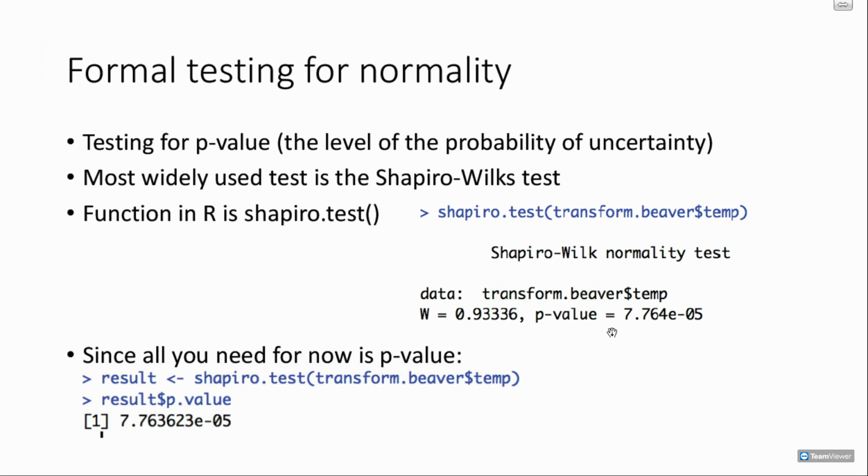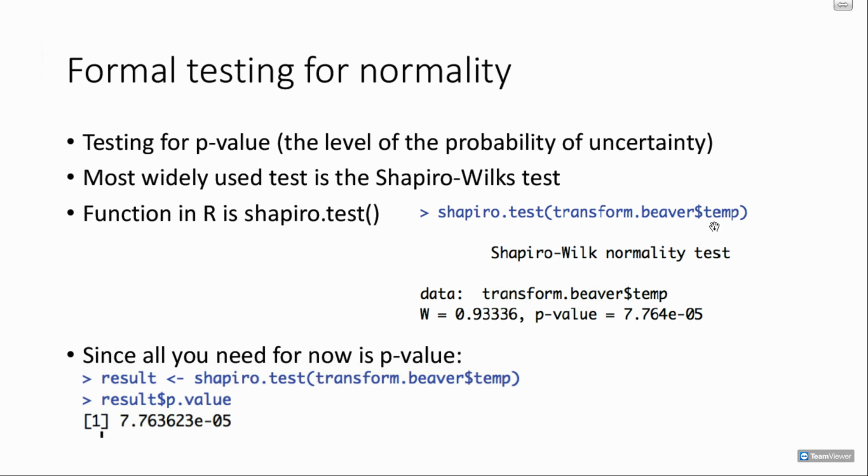So what this says is, just for the test of normality, we want this value to be over 0.05. I know it's kind of confusing, but I'll show you the difference.